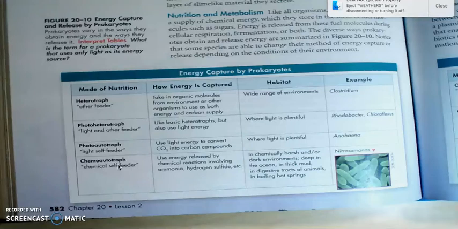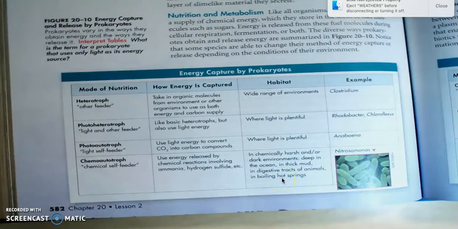Chemoautotrophs can make their own foods, but they use chemicals to do so. They are a chemical self-feeder. These type of bacteria live deep in the ocean, in thick mud. They live in digestive tracts of animals such as us. They live in boiling hot springs.